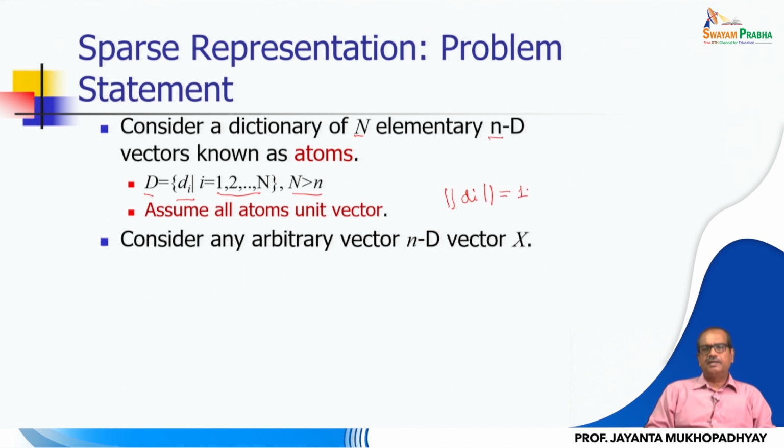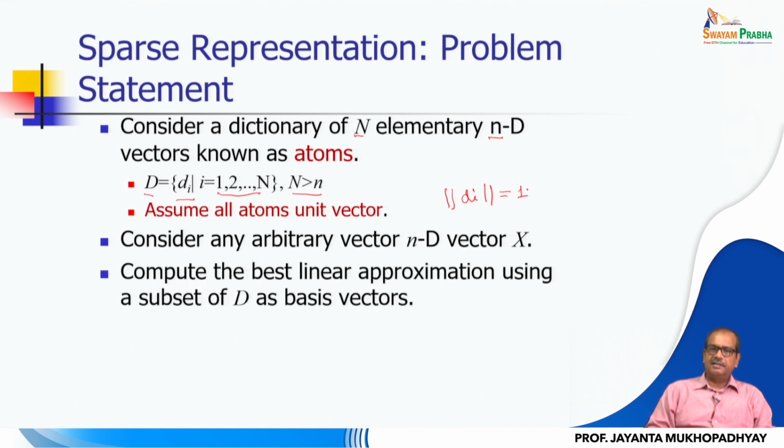Now, if we consider any arbitrary n-dimensional vector x, then the problem of sparse representation of that vector with respect to this dictionary is to have the best linear approximation of this vector x using a subset of D as basis vectors.